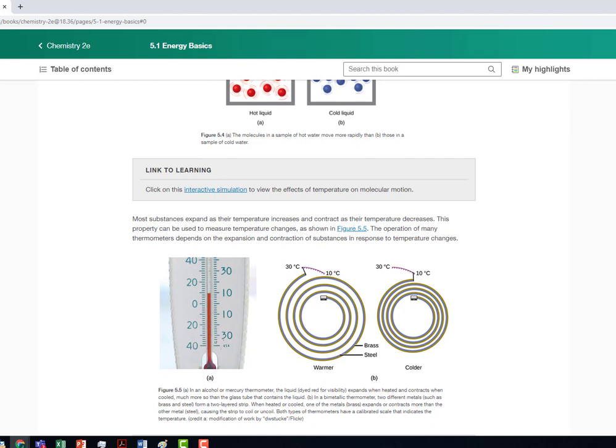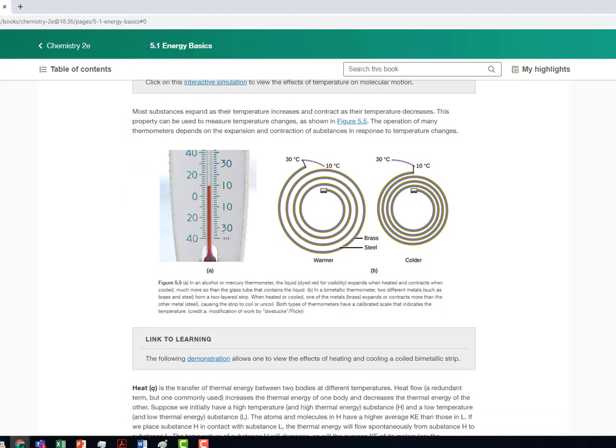We often measure temperature by looking at something changing its size. Most things, because they're vibrating more, will increase in size somewhat as their temperature increases. So with a thermometer, or these things that in the past may have been used for a thermostat, I don't know that they do that anymore with the digital ones, these are ways in which we can measure changes in temperature by measuring physical properties.